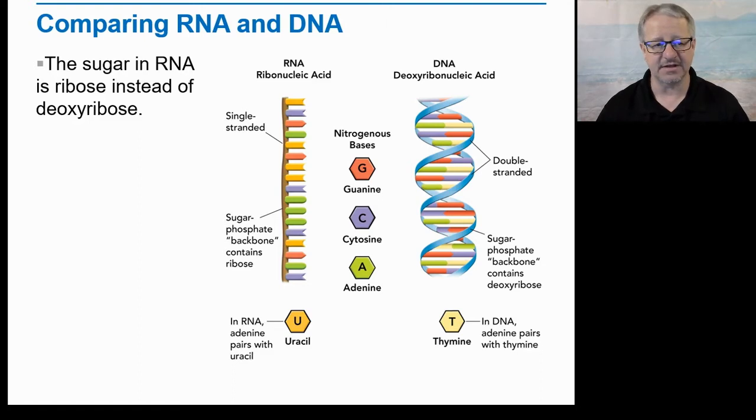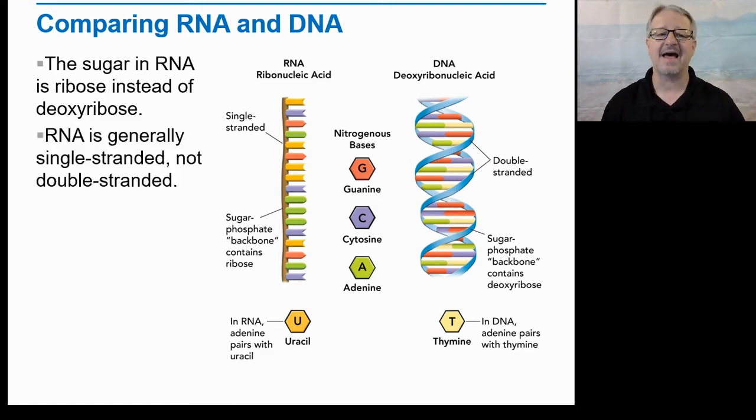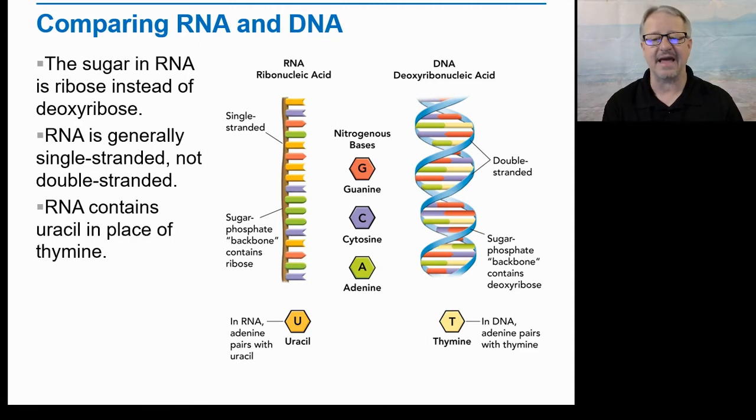The second difference that we need to note is that RNA is generally just a single strand. It's not a double strand or a double helix like DNA. Okay, and we're going to talk about why that is as we go through our lesson here today. Now, the third difference is that for every T or thymine in the DNA code, RNA has a U, a uracil.